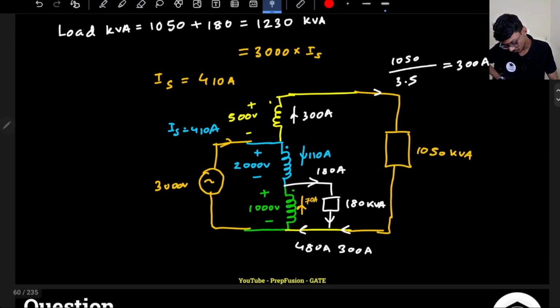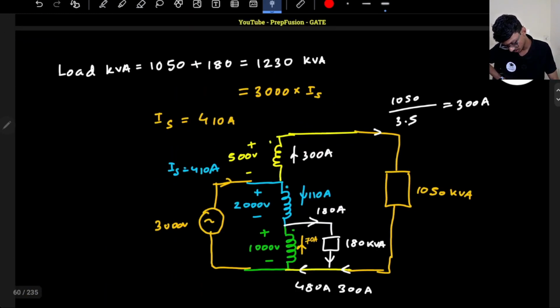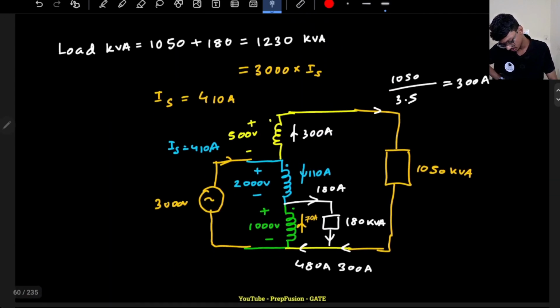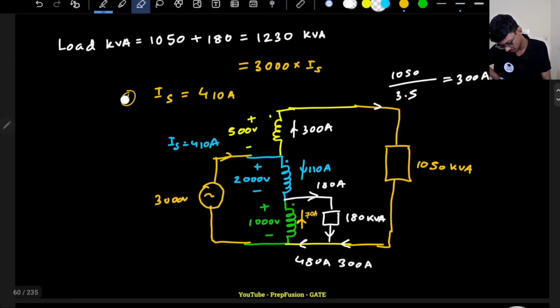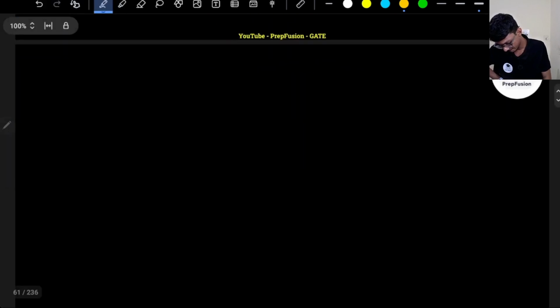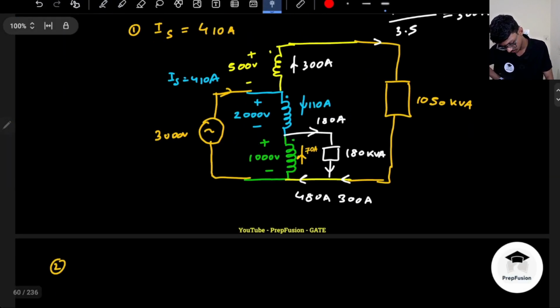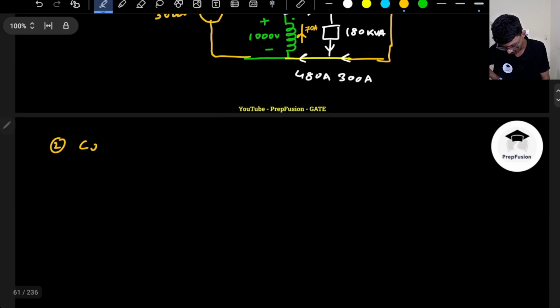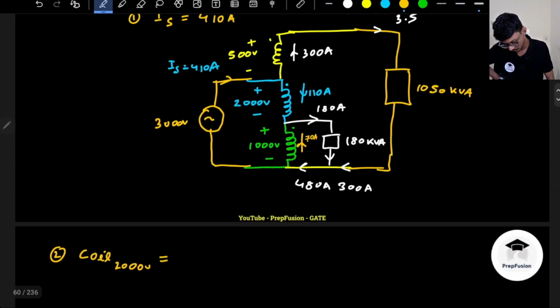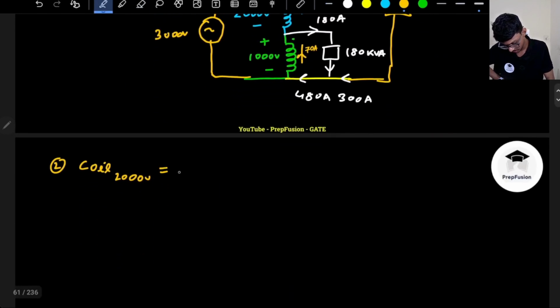Okay, so this is the 70 amperes, this is 110 amperes. So what is the current through the coil? 2000 volt coil current will be 110. So this is the first answer. Okay, first answer. Second answer is current through this coil. What is the current through this coil? Current through this 2000 volts coil is 110 amperes.